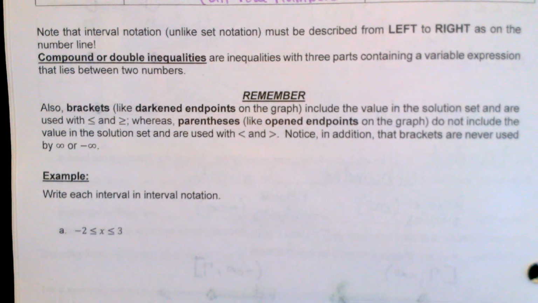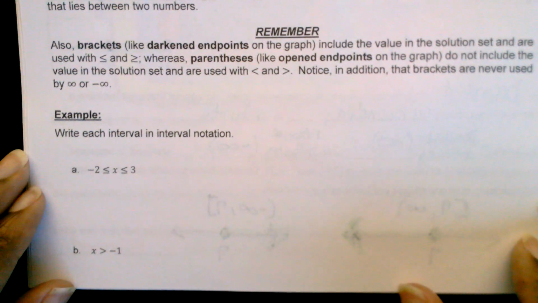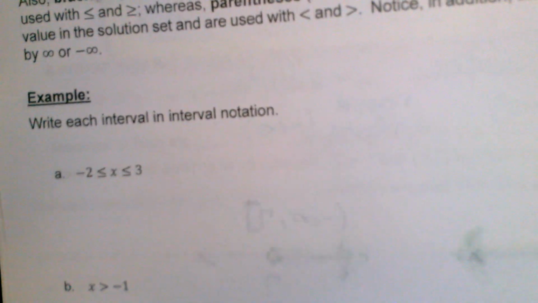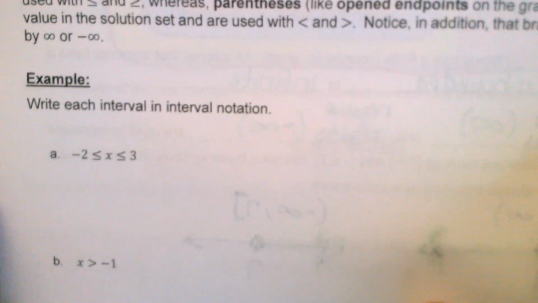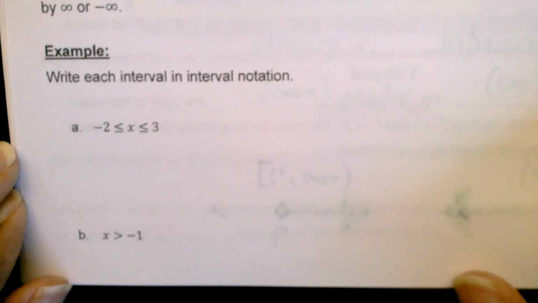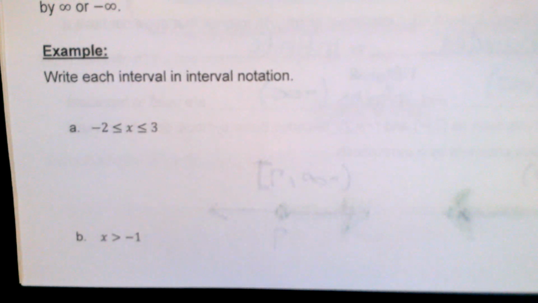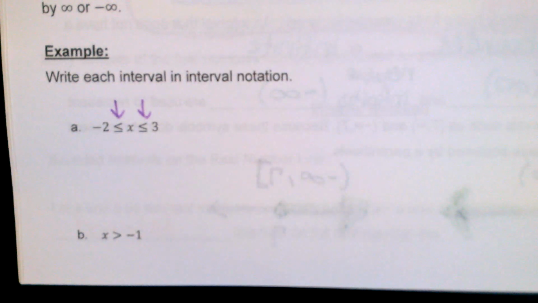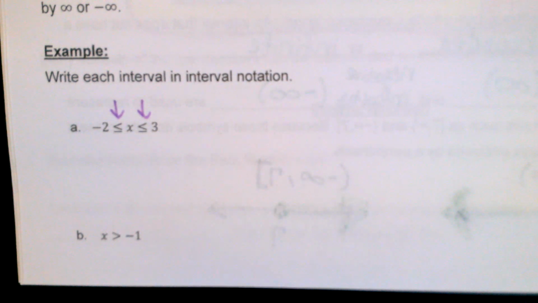All right, so let's write each interval in interval notation. Zoom in a little bit. All right, so I have -2 less than or equal to x, which is less than or equal to 3. So I have both less than or equal to. So that means that, are they closed or open?